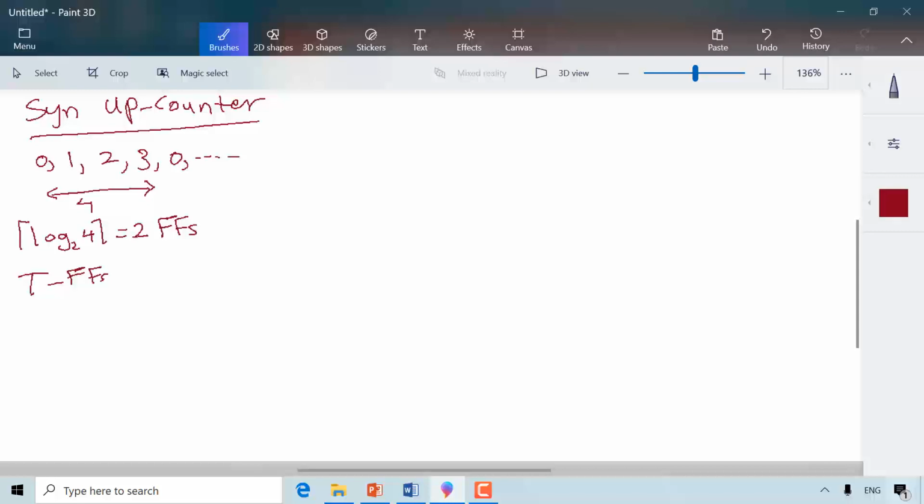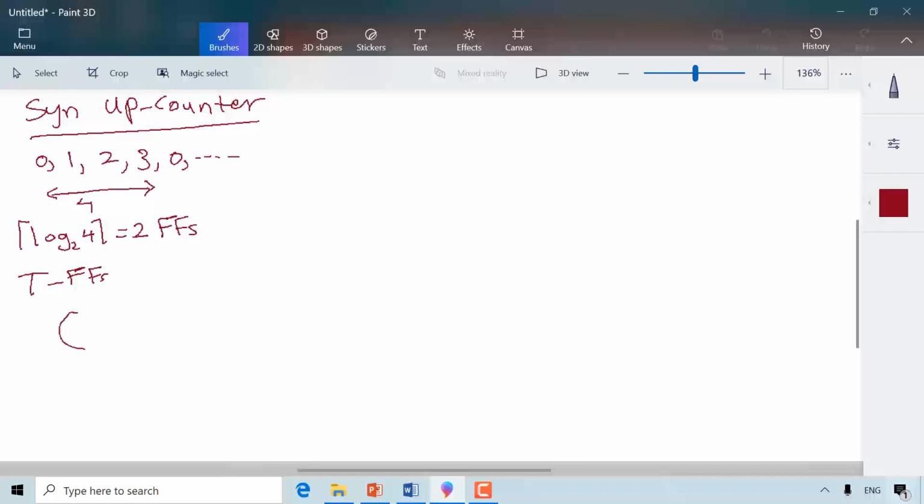If we draw the state diagram, which is the very first step in the sequential design, because we are going to do the up counter, the general design process, and the simplified design procedure. So we'll start with the general design process of any sequential circuit, where we start with the state diagram.